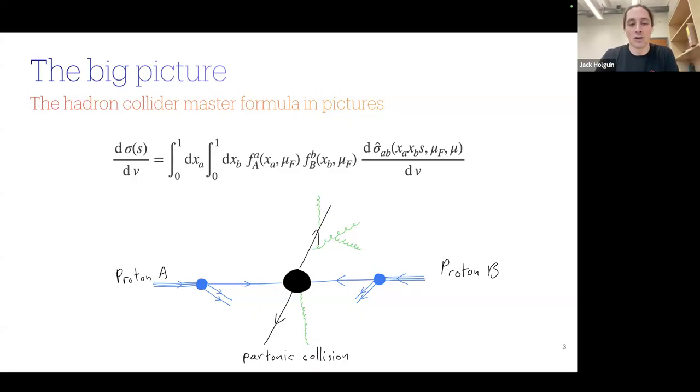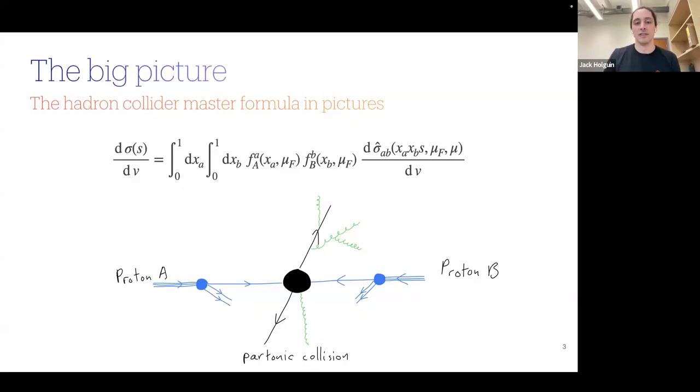The way I'm going to draw all of this is I use blue for the protons, which is the initial state. I'm using black for the hard particles, hard meaning very high energy, that were produced in the initial collision of the quarks or gluons. And then green is the extra radiation that comes off from that collision. That is higher order corrections, more gluons being radiated, all that sort of thing.